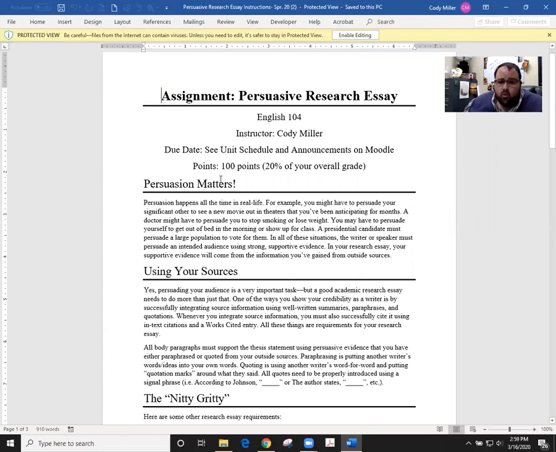So largely this whole paper is an academic structure that walks us through a logical progression of critical thinking, using sources to persuade your audience to believe whatever it is that you are debating and where your stance is on that side.